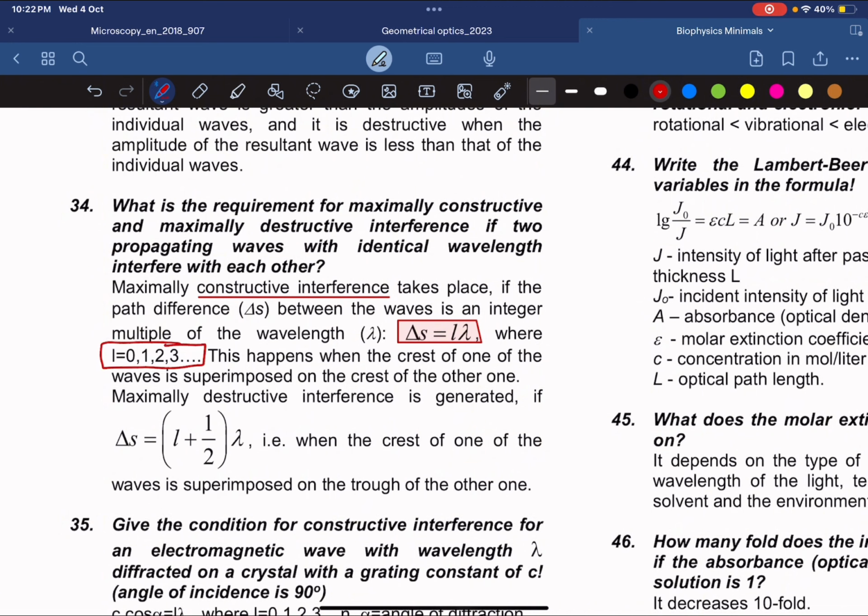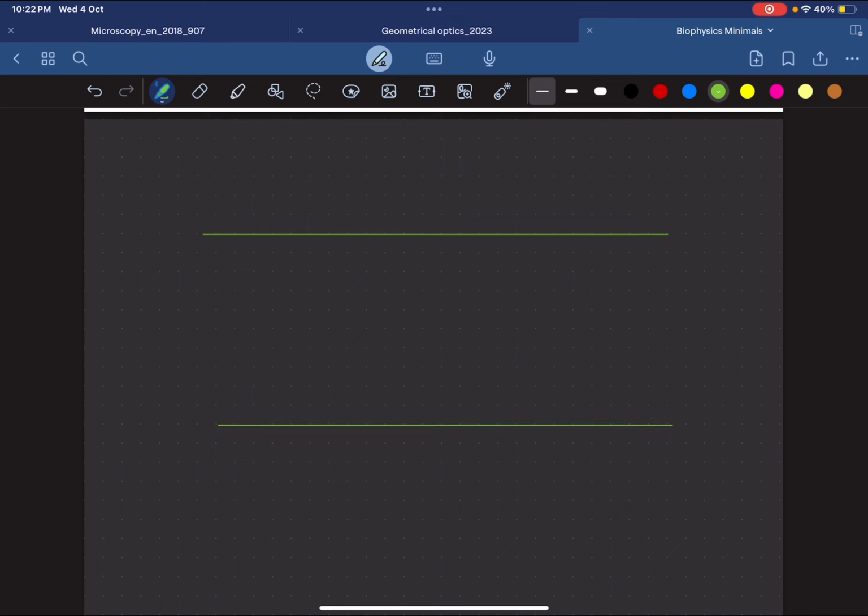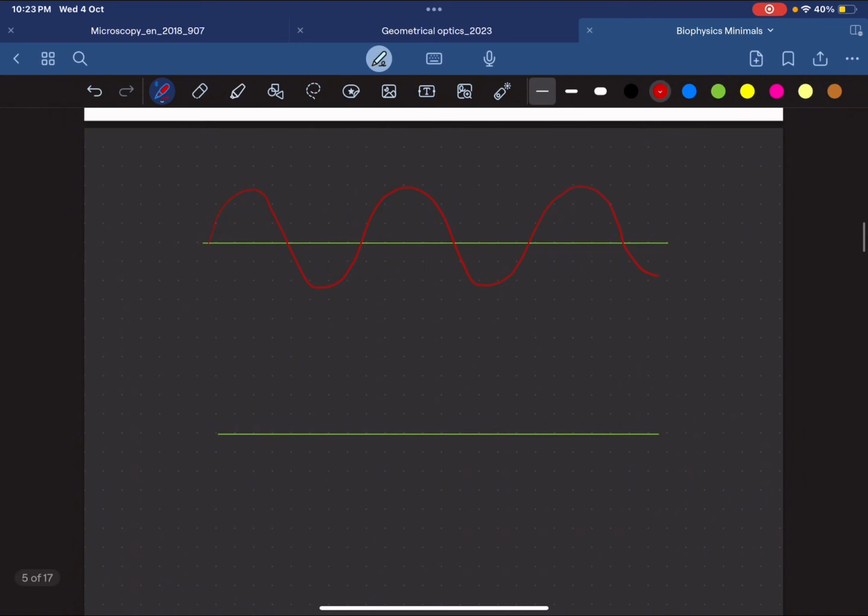Let's take two waves again. I'm going to take two lines, and then I am going to draw a wave here as well.